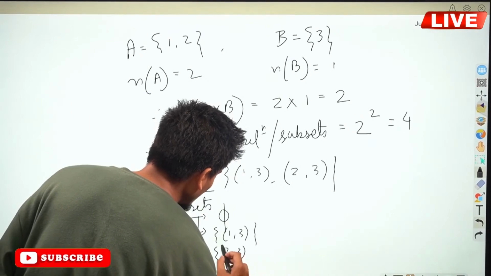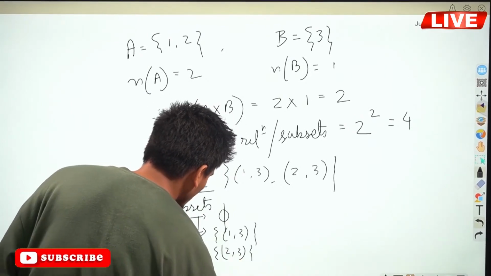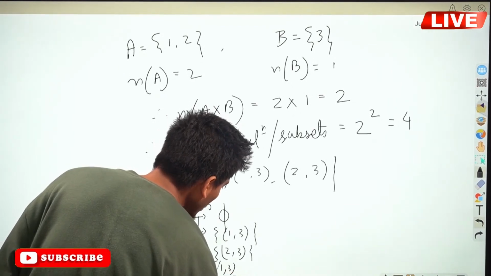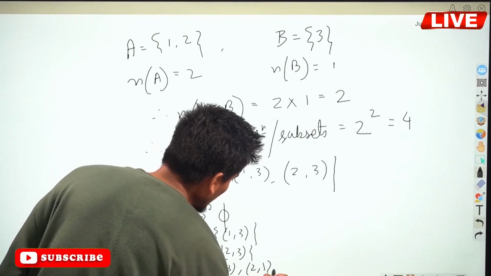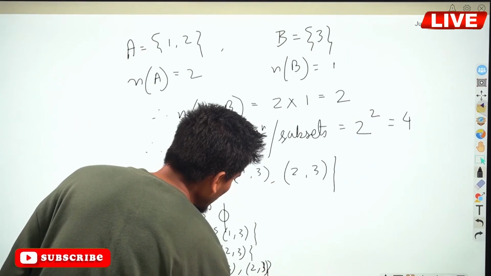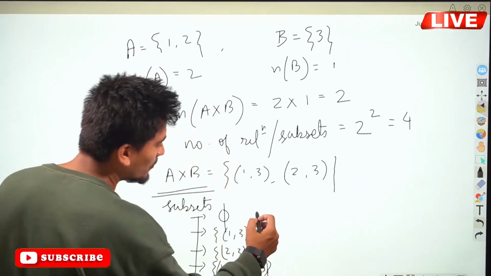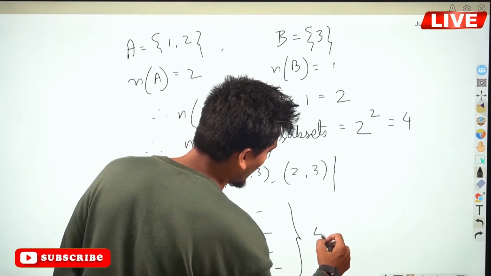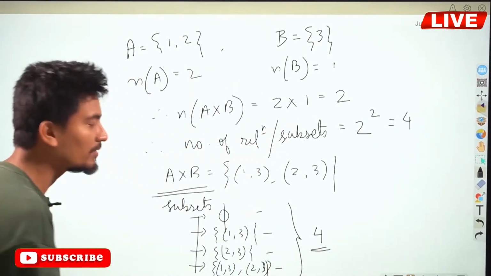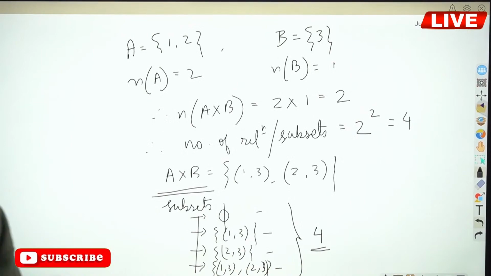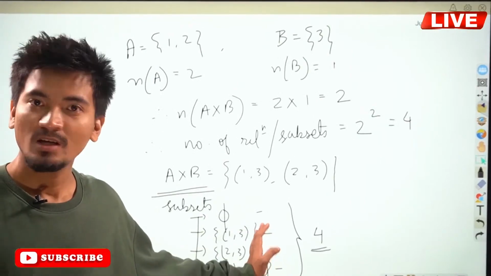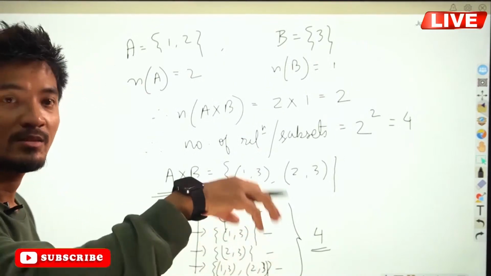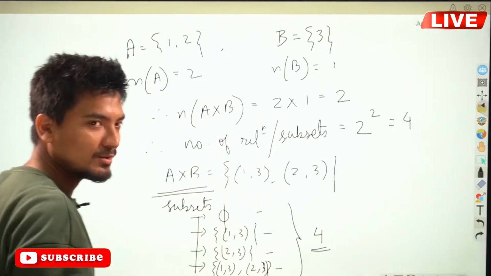Then at the last we have (1, 3) and (2, 3), right? So that means we have 4 subsets. This you have learned in class 11. And this is how we will continue.